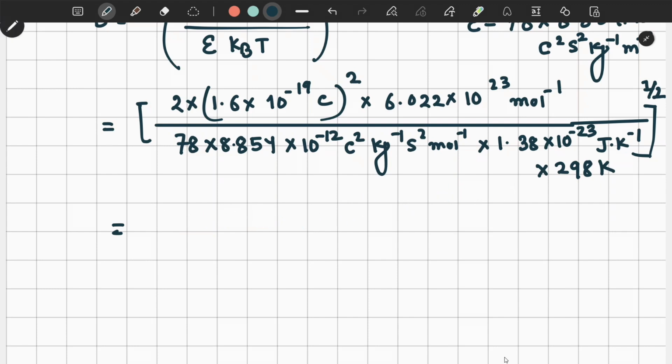So it is 1.08, yes, 1.08 into 10 to the power minus 8. I am getting this. Minus 8 also you are getting, right?